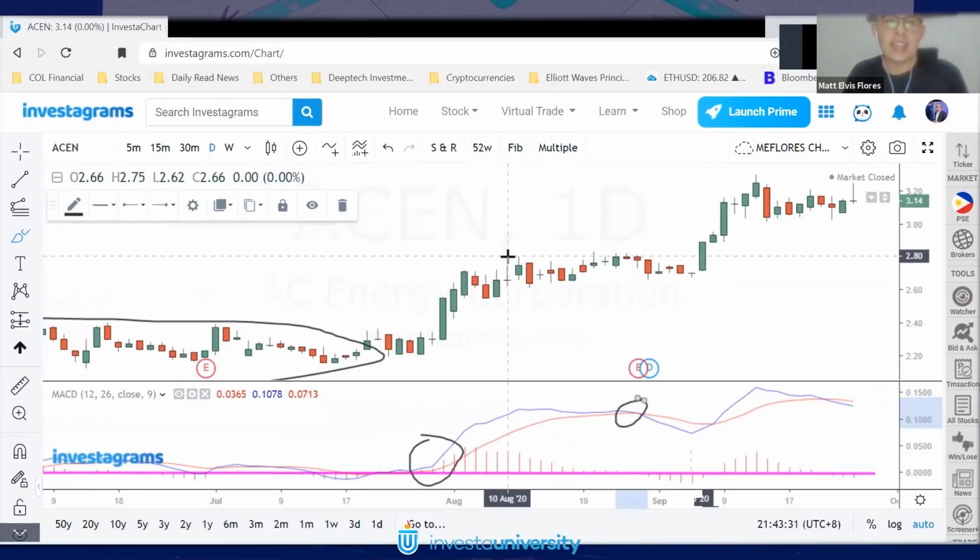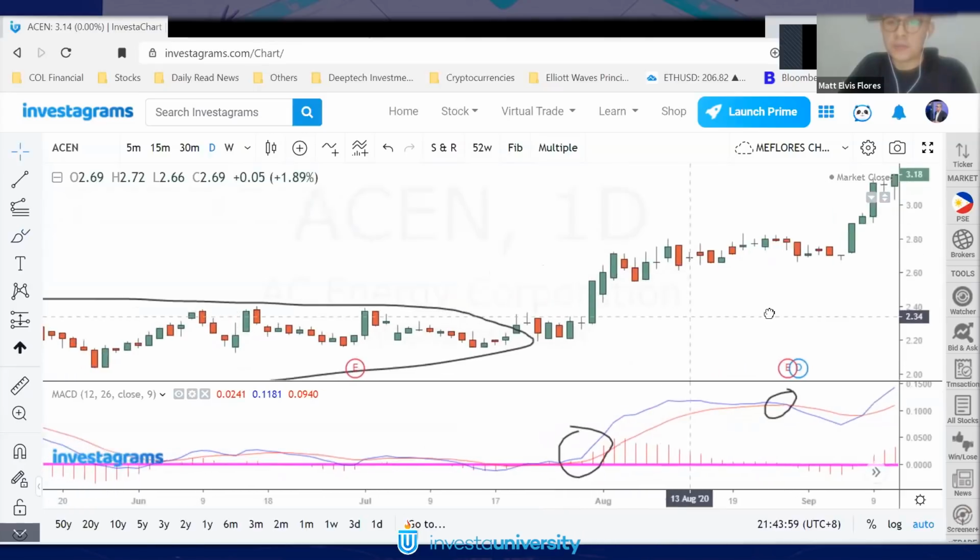Ito yung sinasabi ko kanina na very important to note na hindi siya recommended na use MACD as your main indicator. Again, at least majority of the time, wag mong gamitin yung MACD as your main indicator kasi nga, if ever nag-cross down yan, di ba? Baka hindi ka na makatrade. Parang forget about the stock na kasi parang pababa na yan oh.